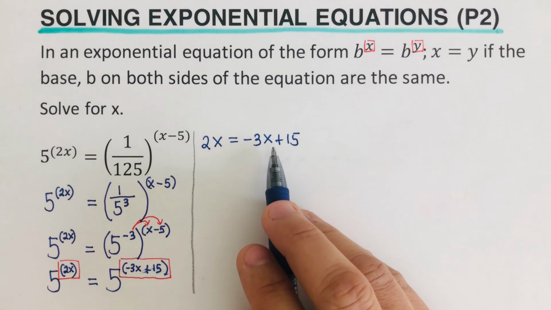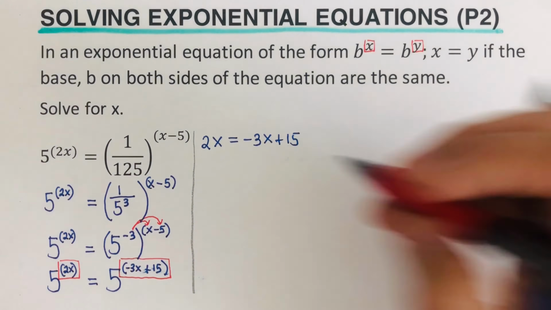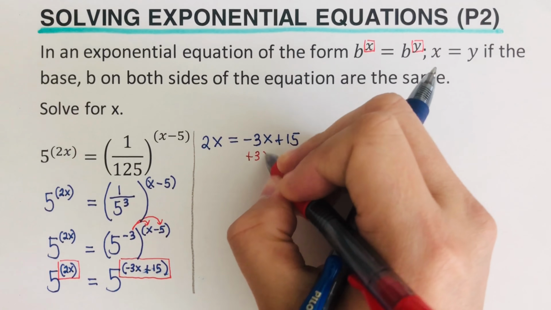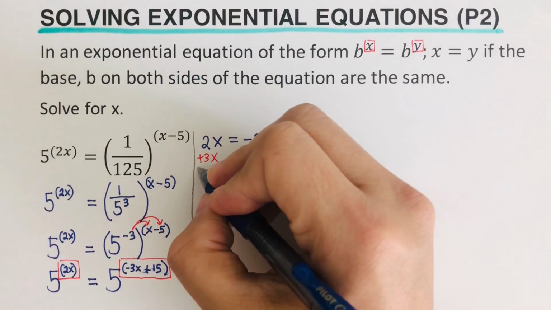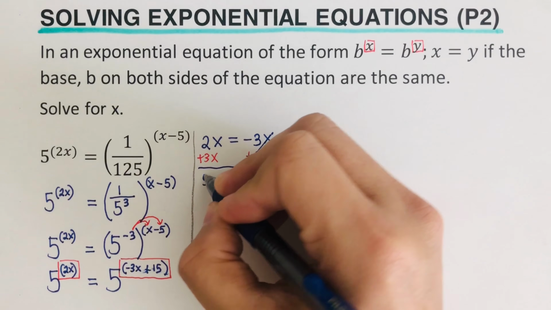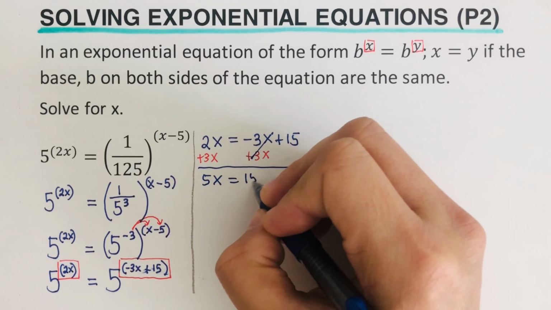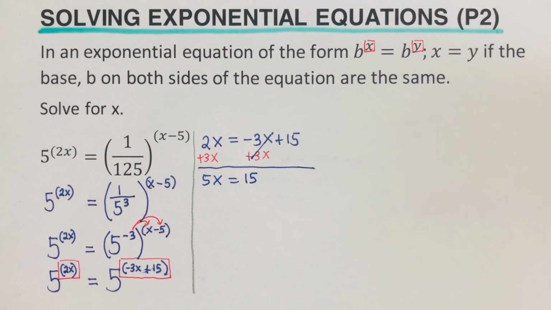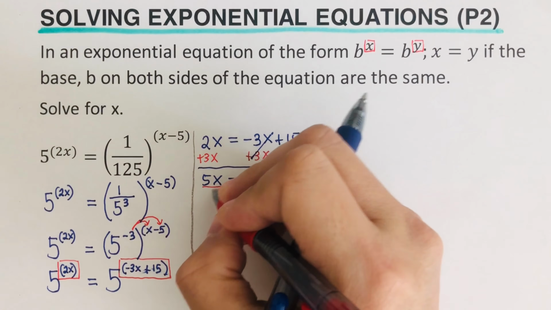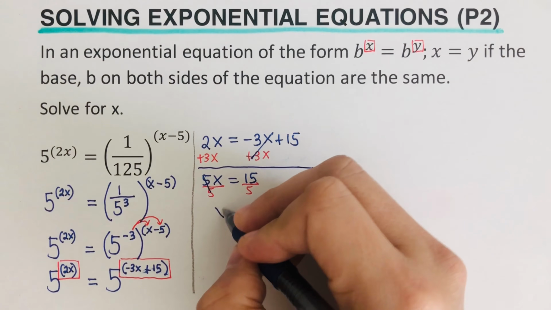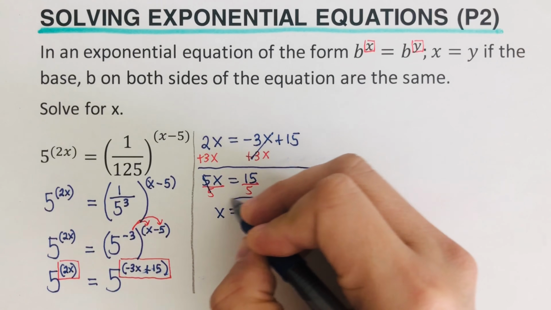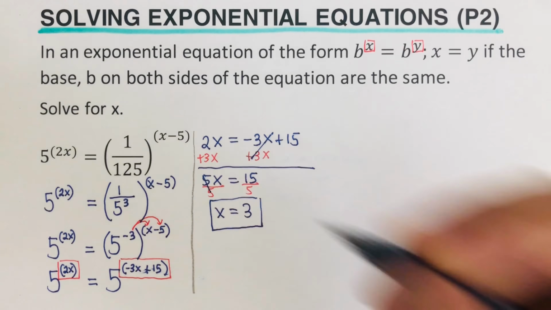Then from here, I can go ahead and add 3x to both sides. And so this would equal 5x is equal to 15. Then I'm going to divide both sides by 5. So then the x is 3. So our x value is 3 for this.